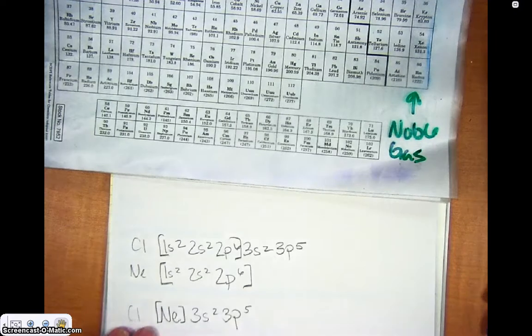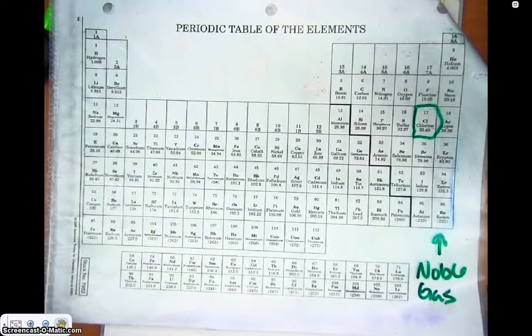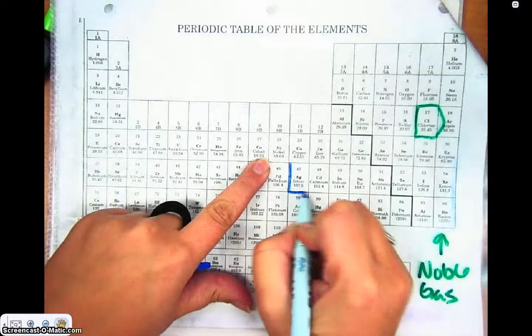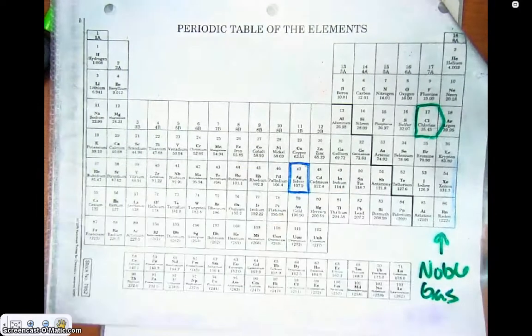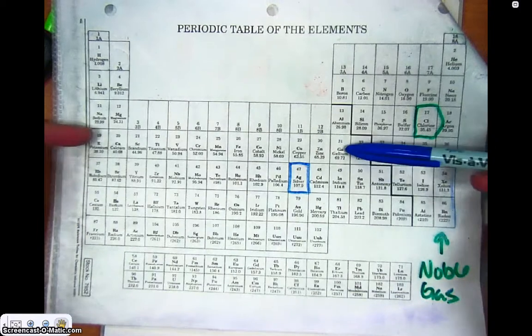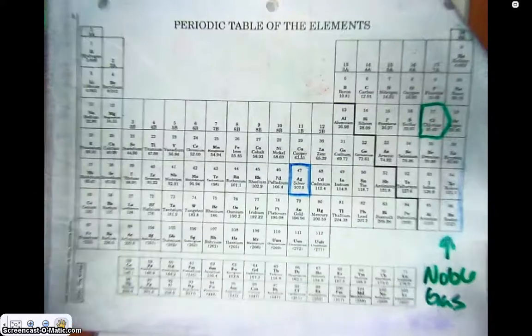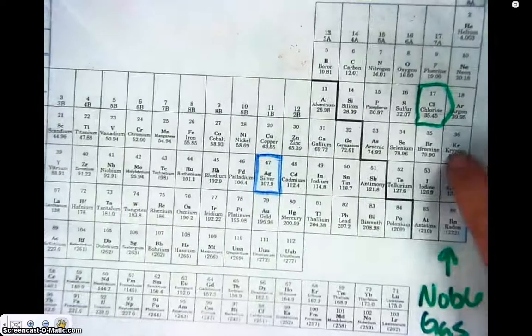All right. So let's do another example. So I'll just pull this down. Let's go ahead and try to do silver. So silver is right here. Now to do the noble gas configuration for silver, all I do is go up a row and all the way to the end of the noble gas. And I know it's kind of hard here, but I can see that it is krypton.